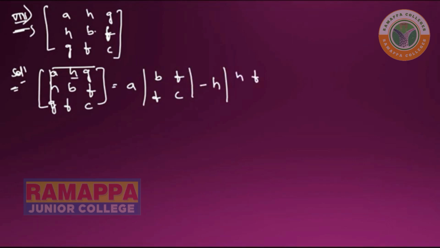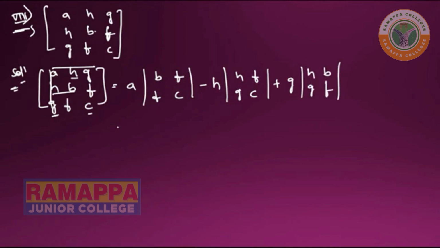H, F, G, C. So plus G will come, it will become H, B, G, F will come, H, B, G, F. So this will come here.